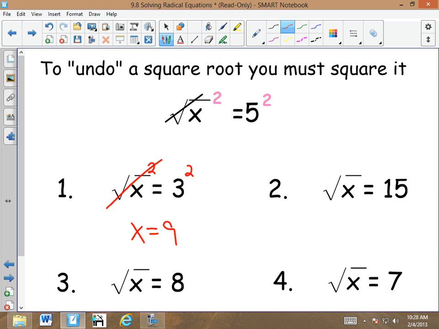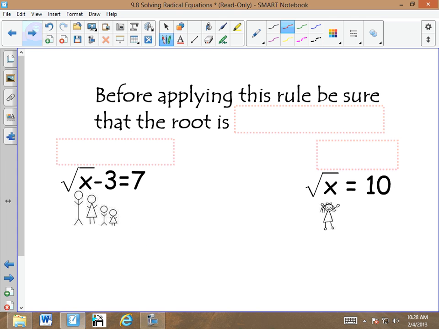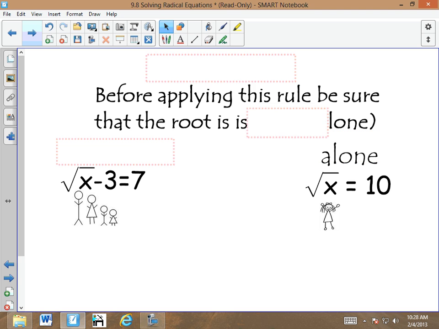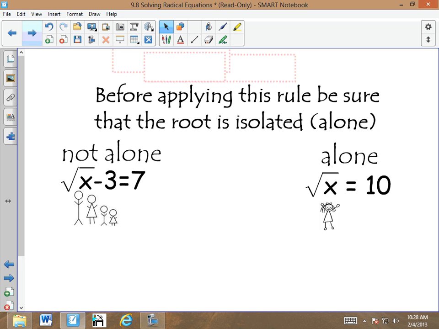When we have only the square root, we square both sides. There's our answer. However, before applying what I just taught you, the root needs to be all by itself. Okay? Look here.